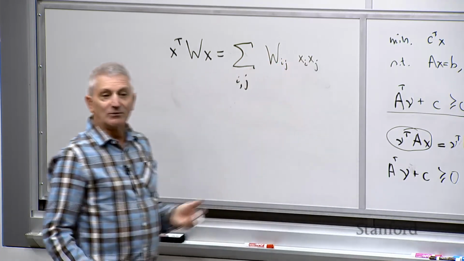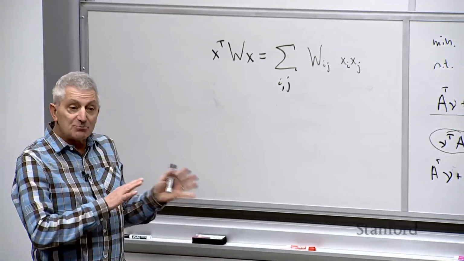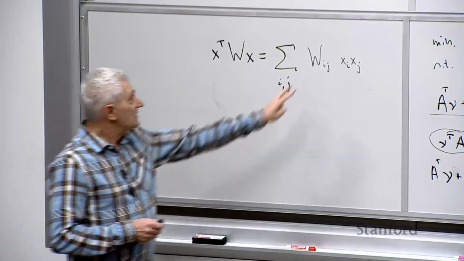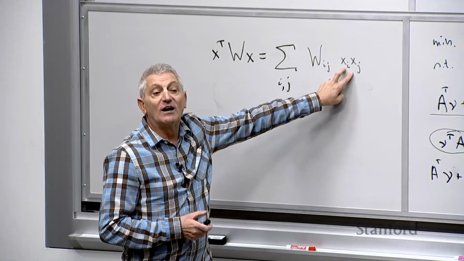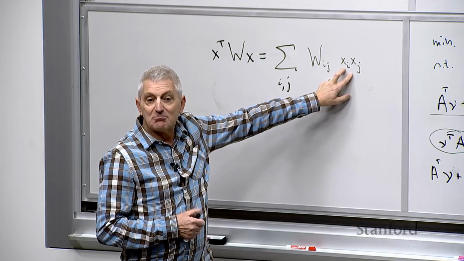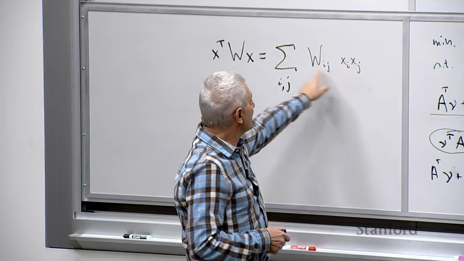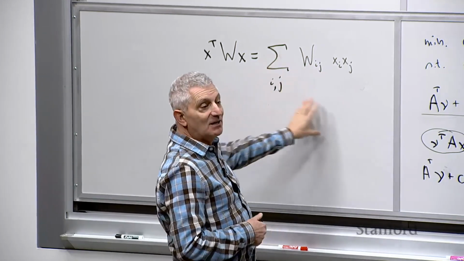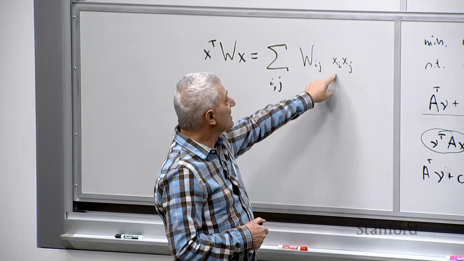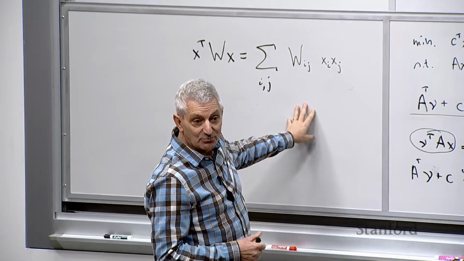That's a quadratic form. Now, xi and xj are each plus or minus 1. So this product is +1 if items i and j are in the same group, and it's -1 if they're in different groups. And so this is equal to the sum of the w's when they're in the same group minus the sum of w's when they're in different groups.